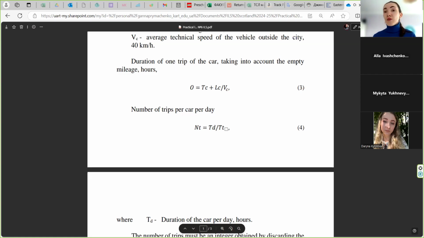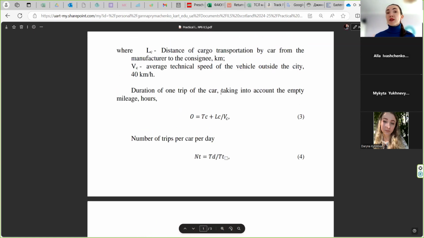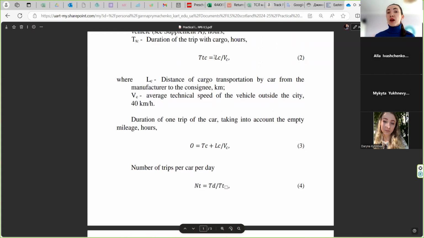So please write formula number 3 and write such a parameter as O. O is equal to the result of our first formula, big T with index C. We calculated it a few minutes ago. And plus, add the result of our formula number 2.